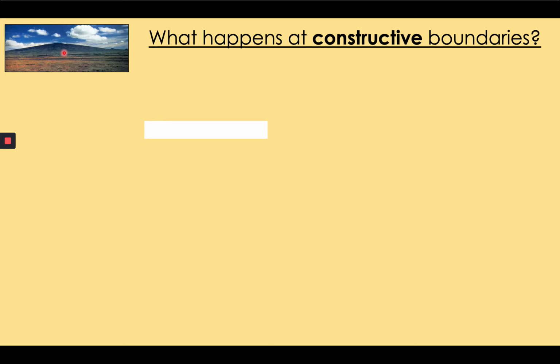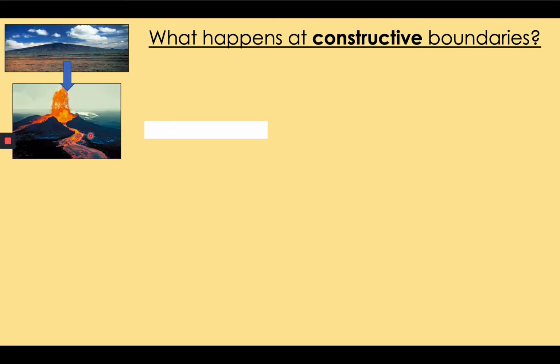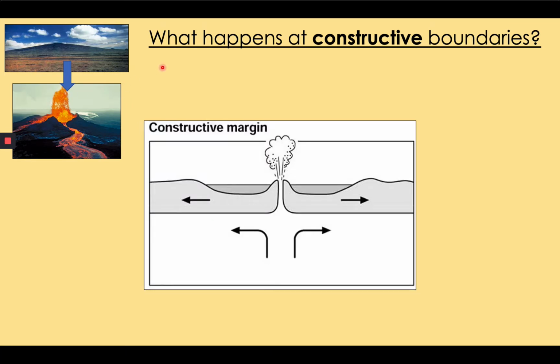And here you get flat volcanoes like this that erupt with liquid magma like this. This is called a constructive boundary or a constructive margin. And at constructive boundaries, tectonic plates, usually oceanic crust, spread apart.